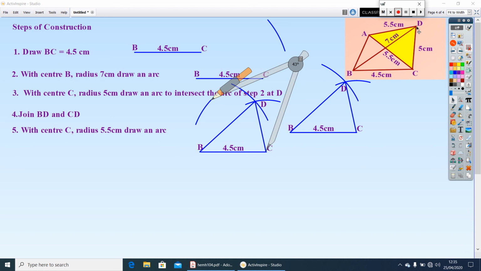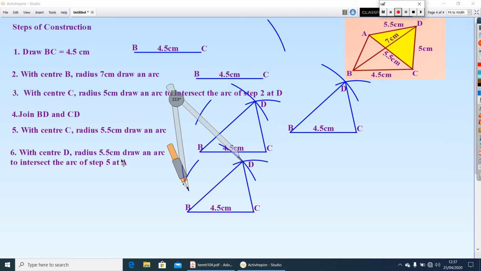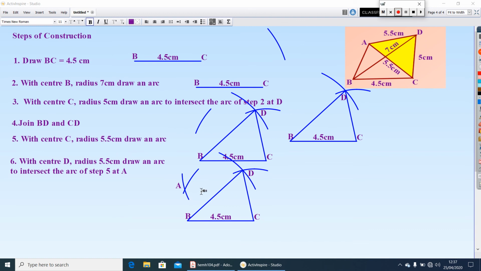Next, with the center D, radius 5.5 centimeter, draw an arc to intersect the arc of step 5 at A. Now join AB and AD. Now ABCD is the required quadrilateral.